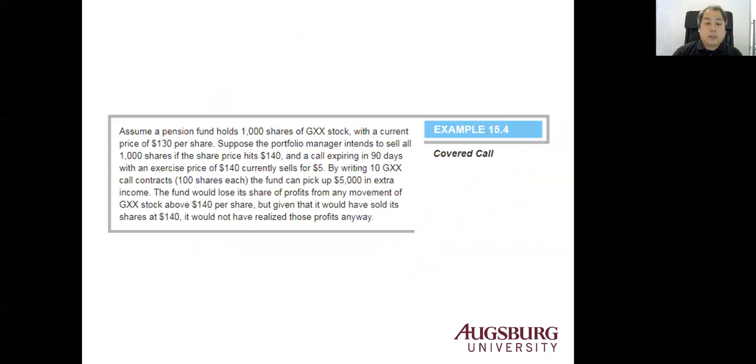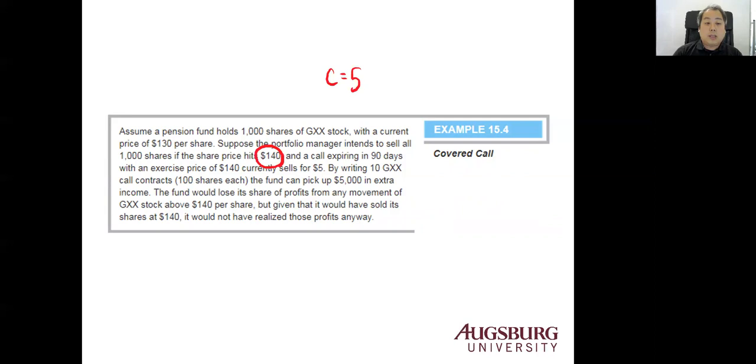Suppose the portfolio manager intends to sell all 1,000 shares if the share price hits $140. So the fund manager's intention is to sell these shares when the stock price hits $140. It doesn't matter whether it goes to 150, 160, or 170. They are going to sell anyway. And a call expiring in 90 days with exercise price 140 currently sells for $5. So the call premium is $5.